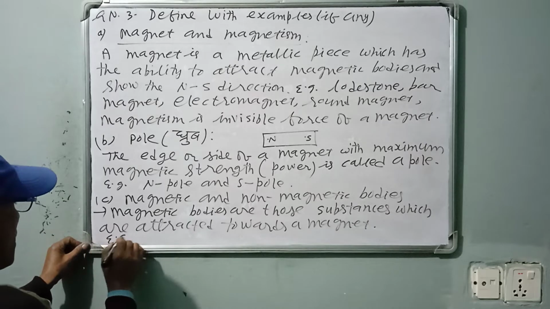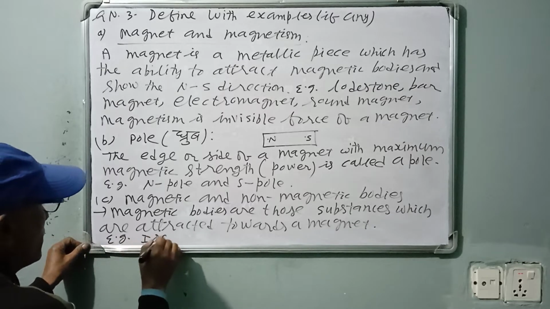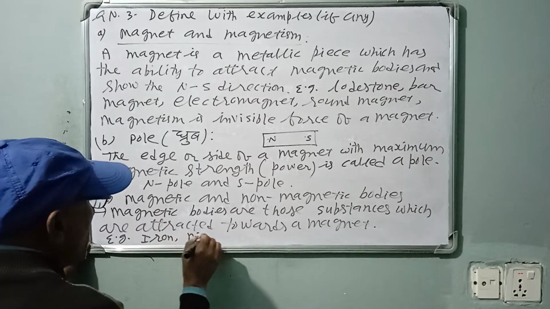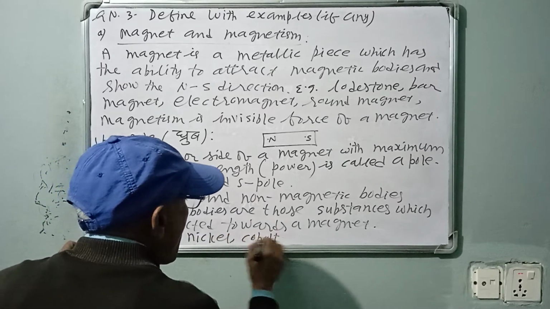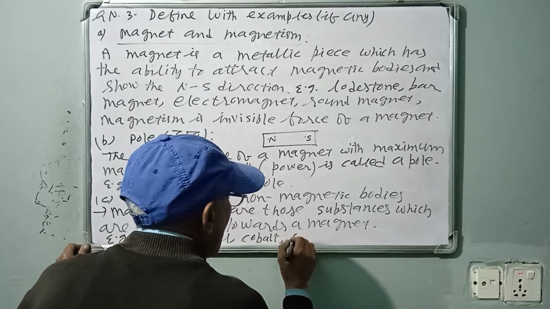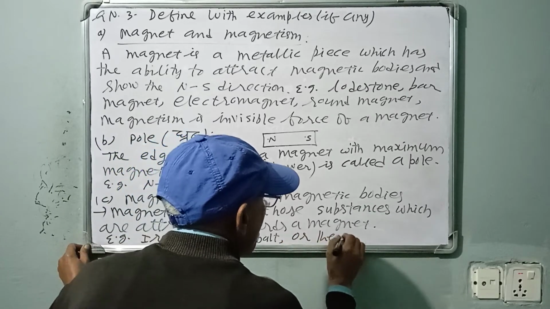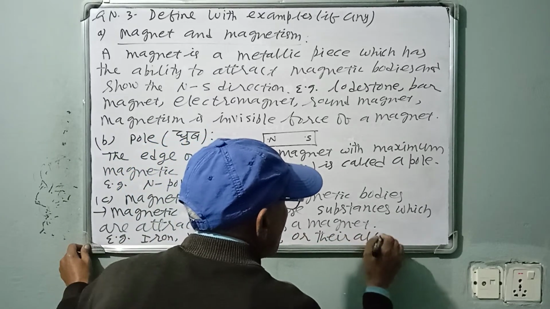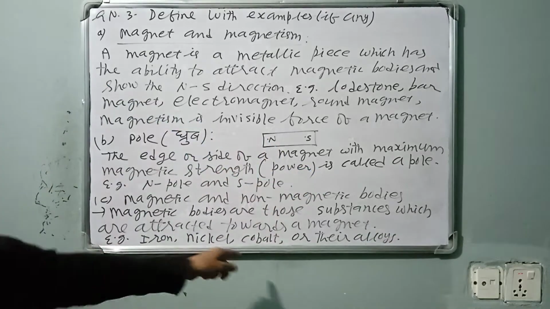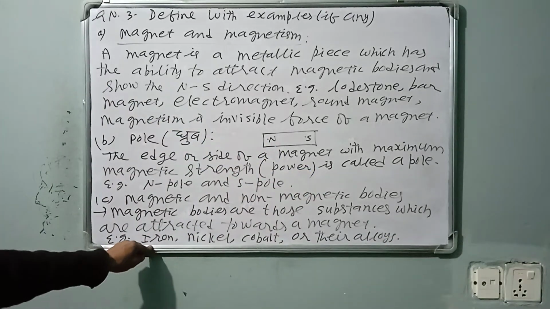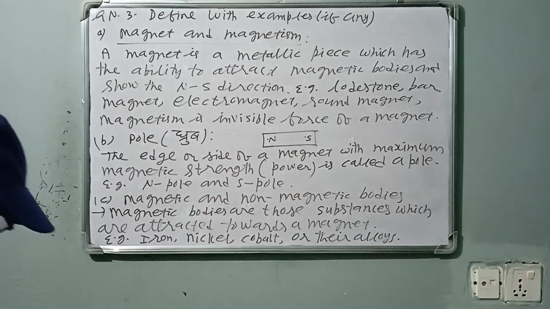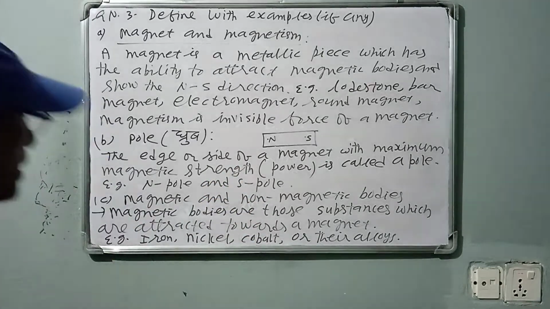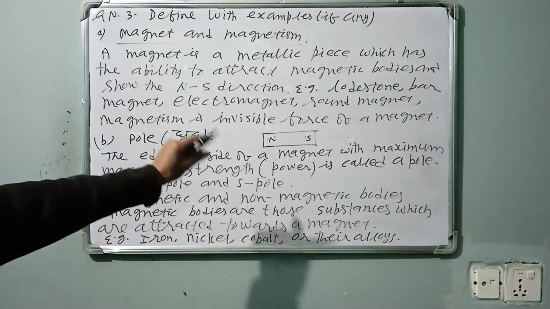Example, iron, nickel, cobalt, or their homogeneous mixture of iron, nickel, or cobalt is also attracted by a magnet. They are magnetic bodies because they are attracted.